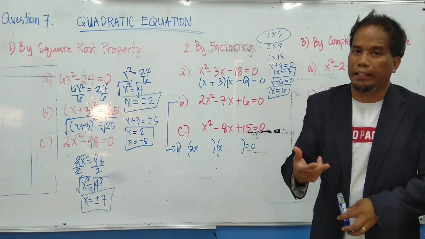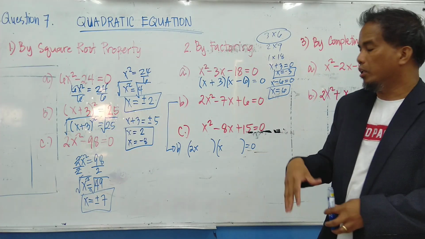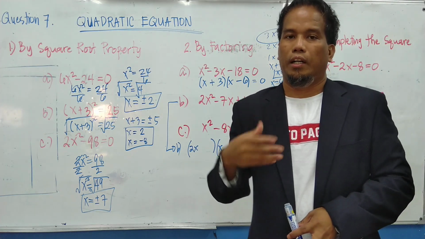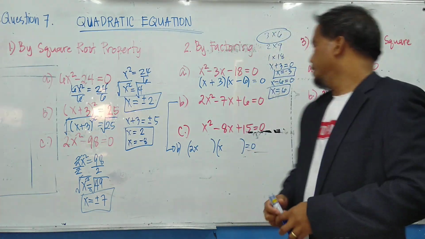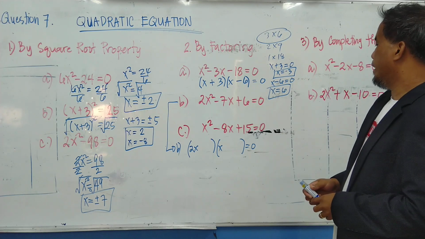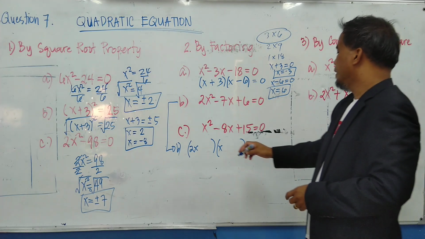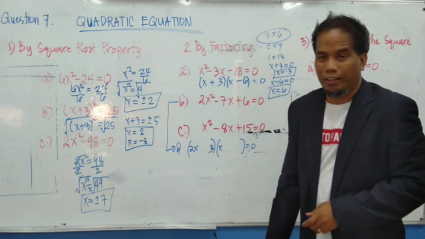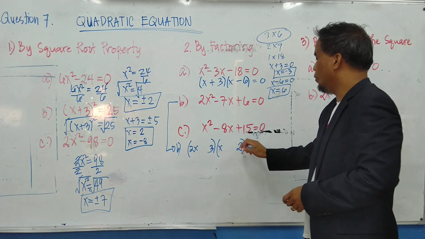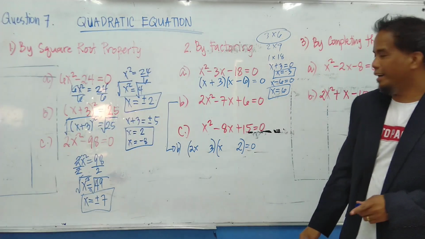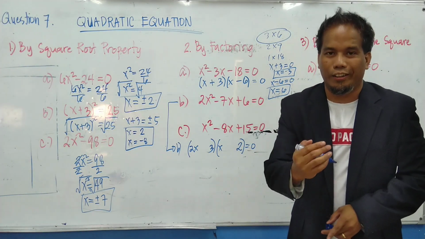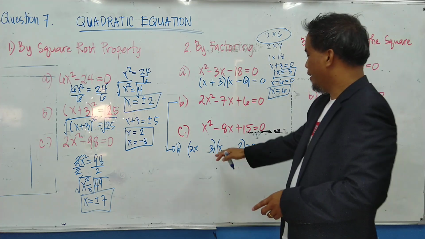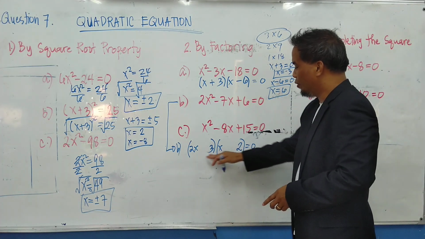So be careful in writing the numbers, because once you write it in a wrong position, your factors are incorrect. Okay? So we can write here the number 3, and here is 2. Okay? Why? Later, you will find out why I assign here 3 and 2, not 2, 3.